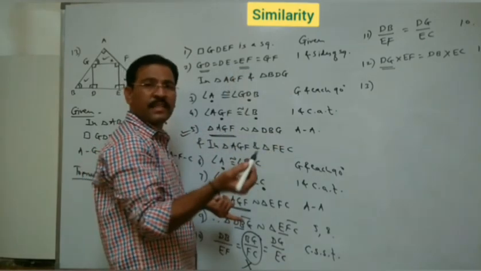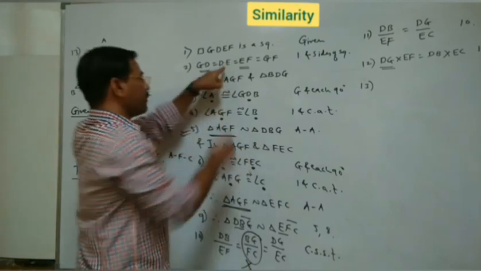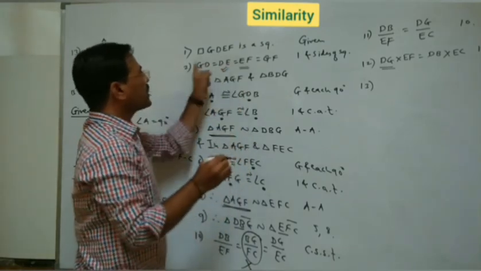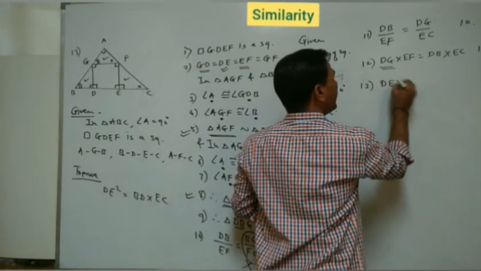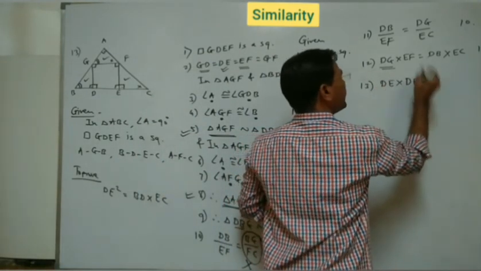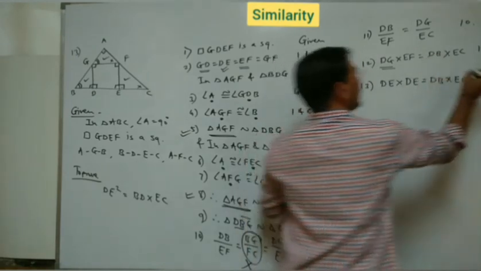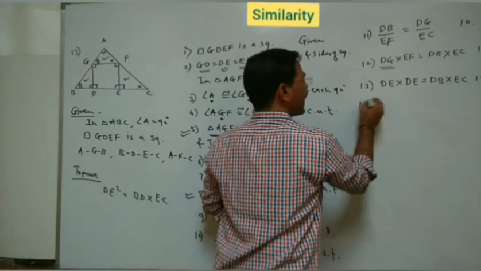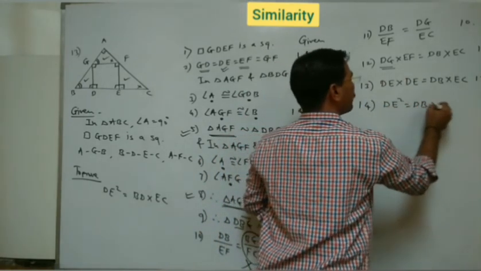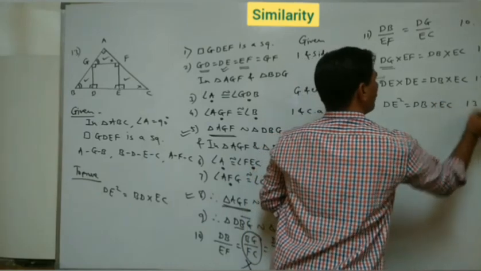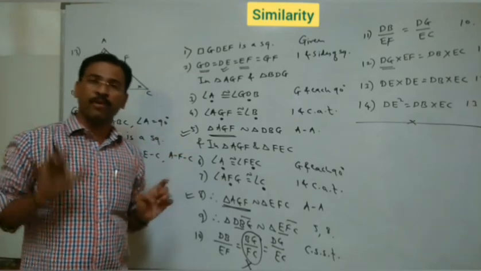They are sides. Means we can equate all these in just one form. That means we need DE. Both these are equal to DE. So I will replace DG by DE. And again this one is also DE. So this is our second last step. So what is the last step? DE into DE, DE square. This is from 13. Look friends, all these are very, very important.